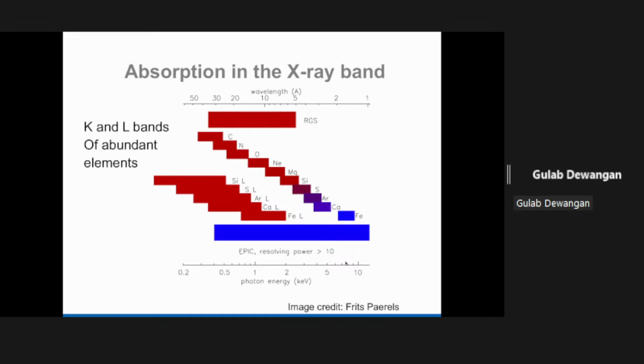And not only K-shell bands and the corresponding different ions and their different transitions from numerous levels, the L-shell bands from silicon to iron also fall in this X-ray band.